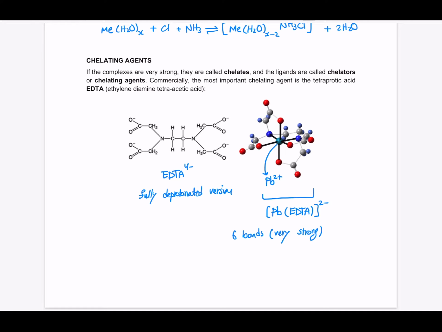Your approach in terms of the separation could be based on charge, because lead by itself is 2+, but then you're forming a negatively charged species, so you can do some ion exchange to be able to remove it. Just an example. So EDTA is very strong. It forms this chelate, and this is a chelating agent.